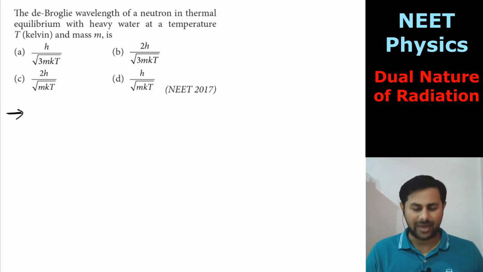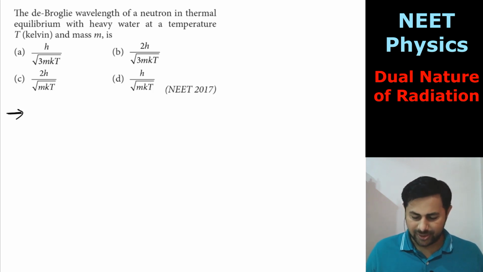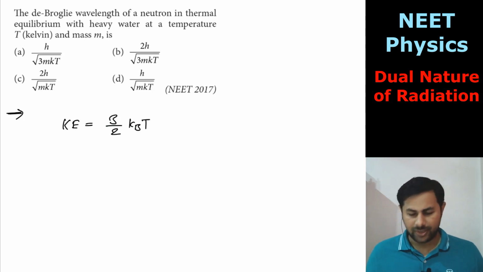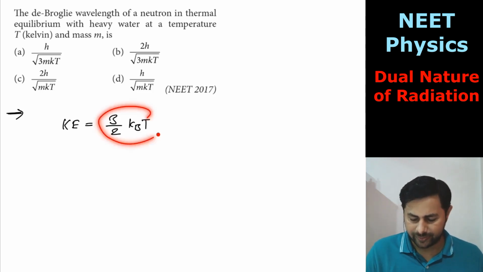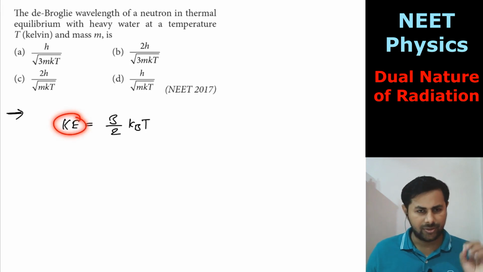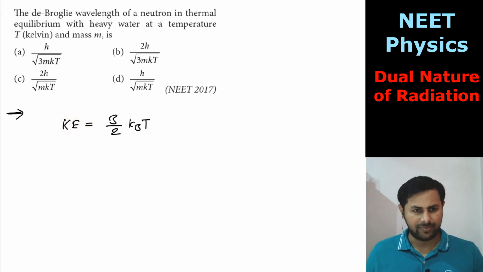So that neutron will have kinetic energy. K is equal to what? It's equal to 3 by 2 kBT, okay? kB is the Boltzmann constant, right? We remember this from kinetic theory of gases, okay? So this neutron is just like an atom.